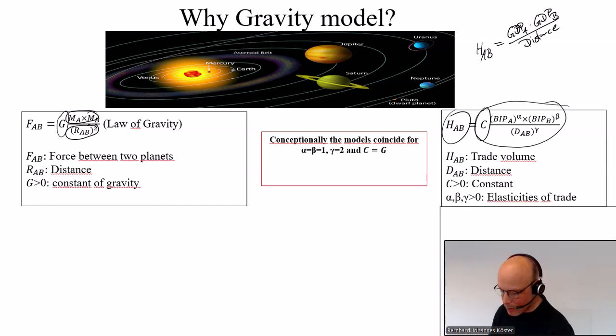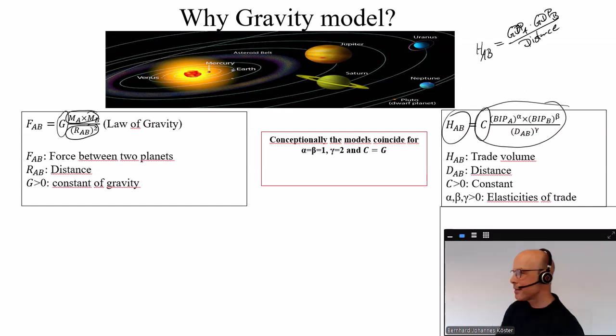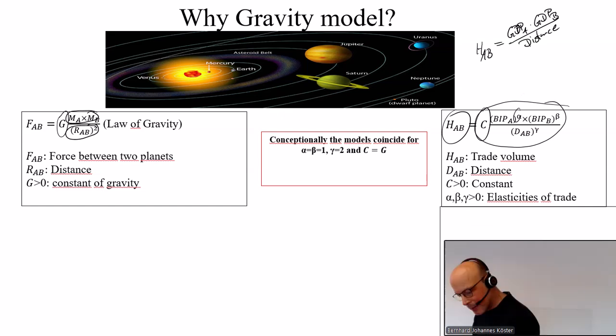And what we then also add is that we introduce three exponents on every variable we have, so on the GDPs and the distance, and introducing the exponents.